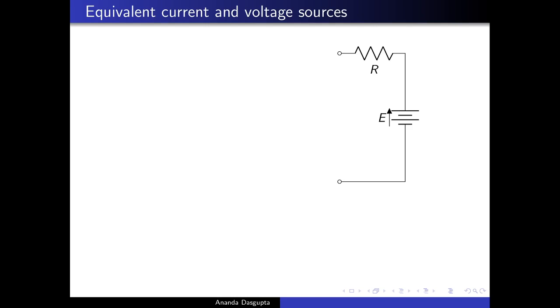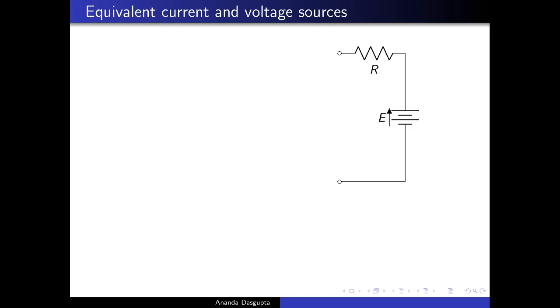To understand exactly what that is, let us first take a look at something which is more familiar to us, a non-ideal voltage source, which is essentially what a real battery is. As you all know, a battery is characterized by a battery voltage, or what is more precisely called the EMF.